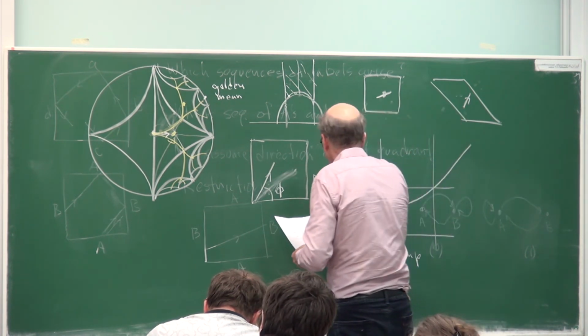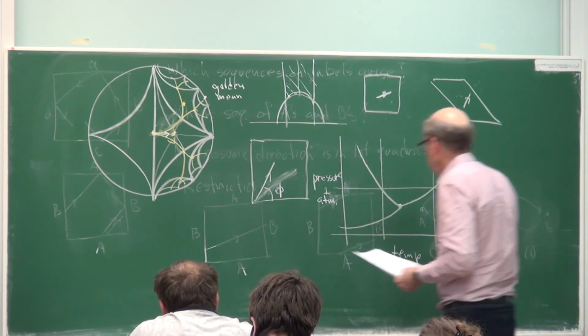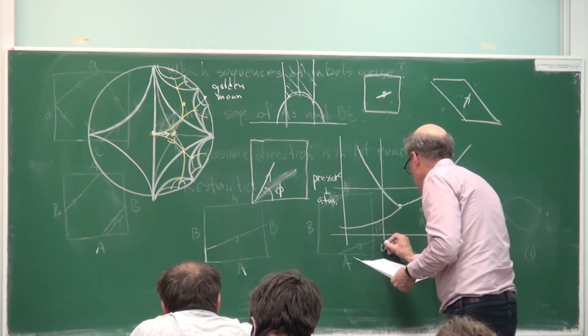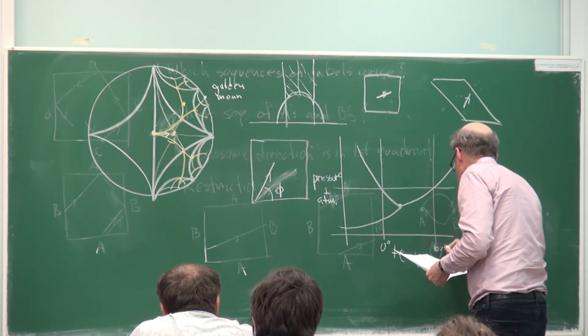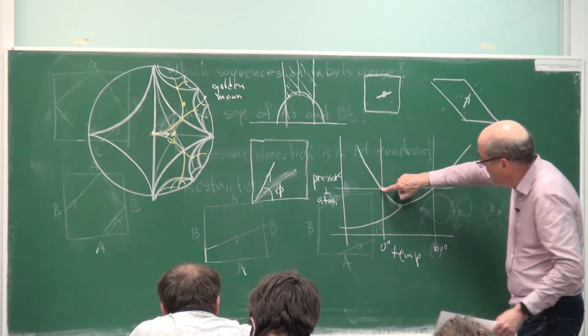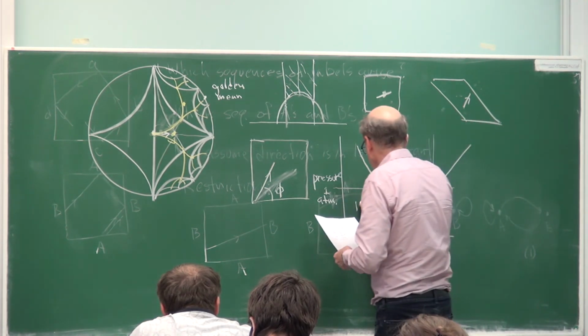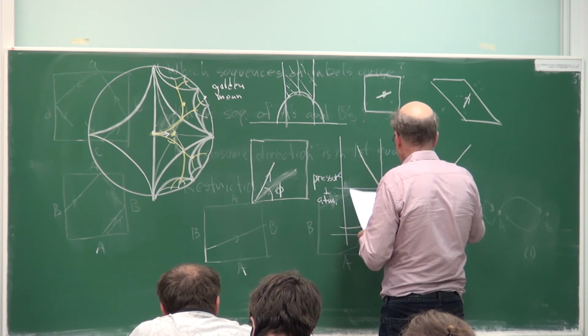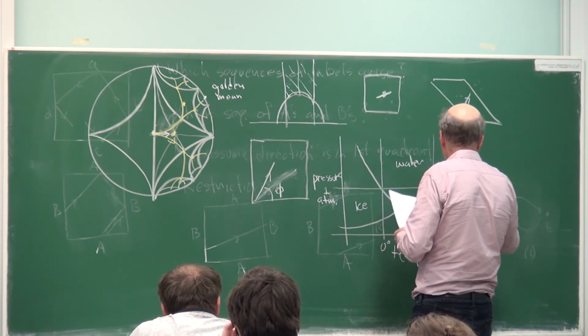This line is 1 atmosphere here, and this is 0 degrees centigrade and 100 degrees centigrade. So we have the freezing point and the boiling point. So this is ice here, this is water here, this is gas here.